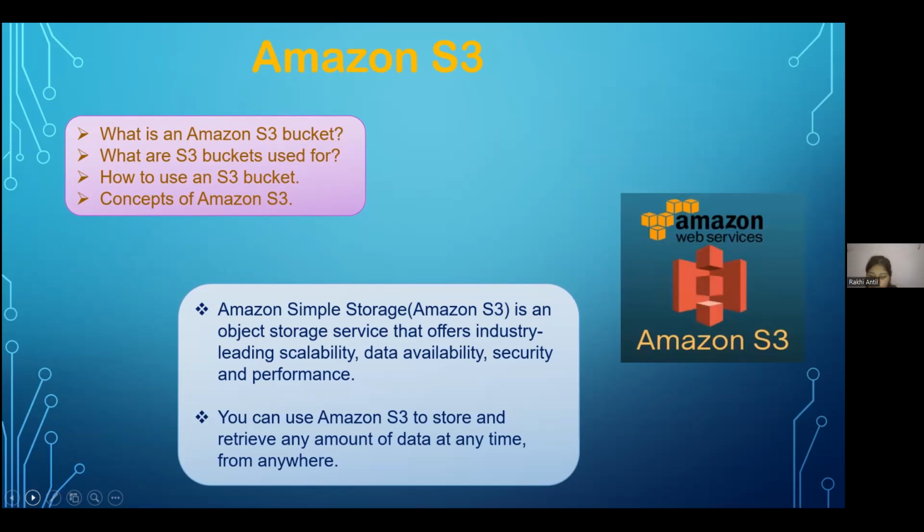Metadata can be assigned to the object in Amazon S3. Next is sub-resources, which are used to store object-specific information. And last is access control information. You can set permissions individually on your files.